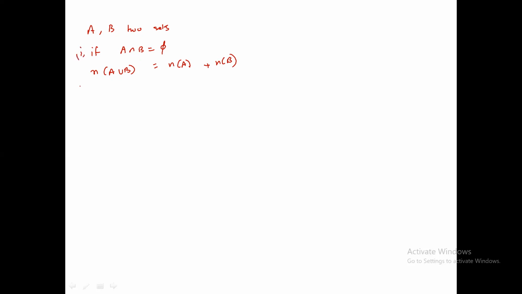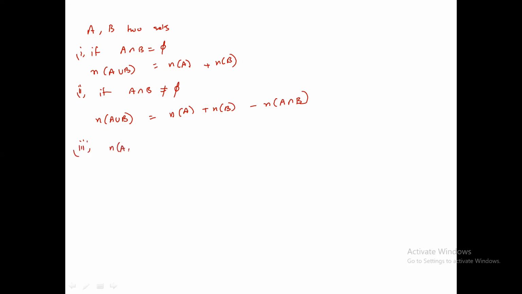This is the first case. But if A intersection B is not the empty set, then the number of elements in A union B will be the number of elements in A plus the number of elements in B minus the number of elements in A intersection B. Now I can write this in another way.